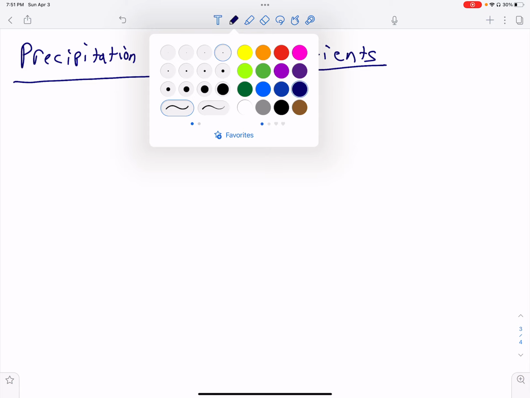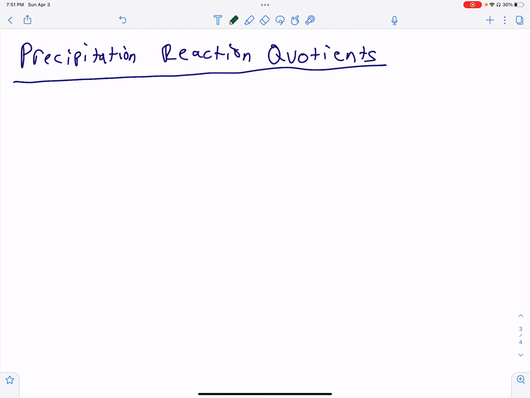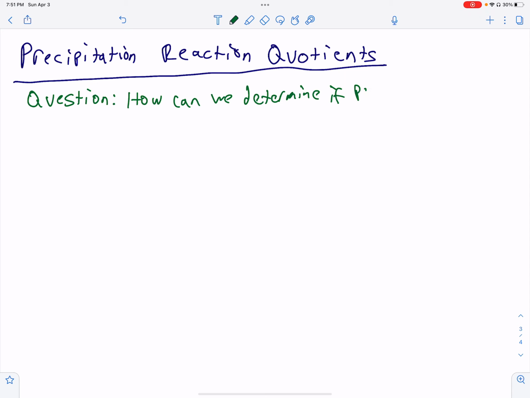So, what does that mean? Well, the question is, how can we determine if precipitation occurs or not?